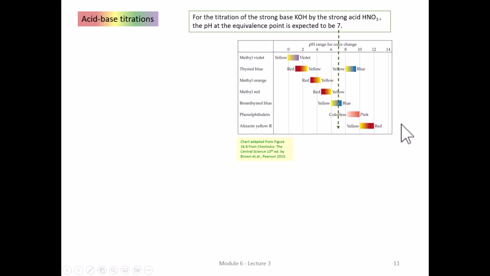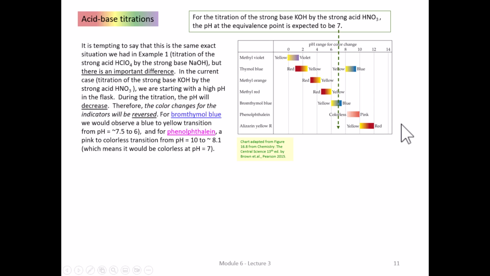Well, the pH is 7, and it seems pretty straightforward what indicators we would use. We need to be a little careful here and realize exactly what's going on. In this case, the original pH in the flask is just about 13. Now we know that because we just calculated the concentration of potassium hydroxide that was in the flask.